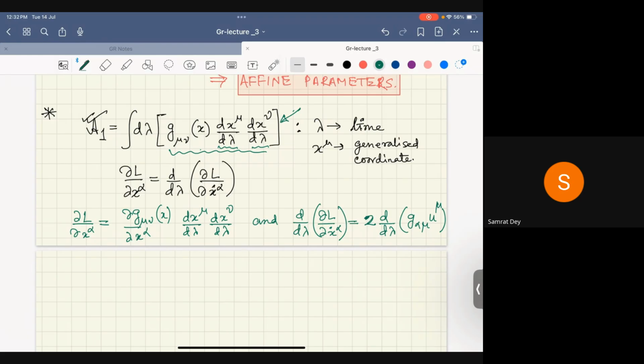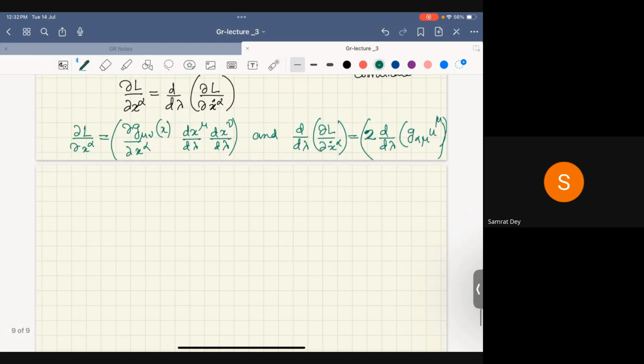So now you immediately equate this with this, and this will give you therefore half g_μν,α u^μ u^ν, which is equal to d/dλ of g_αμ u^μ.